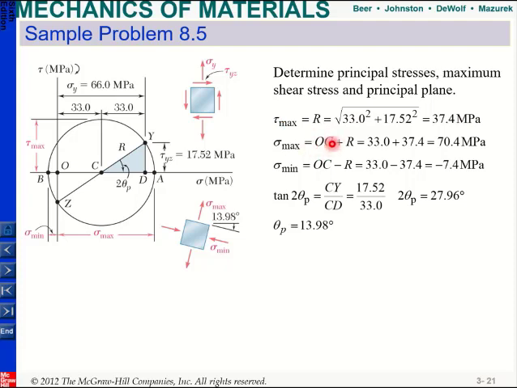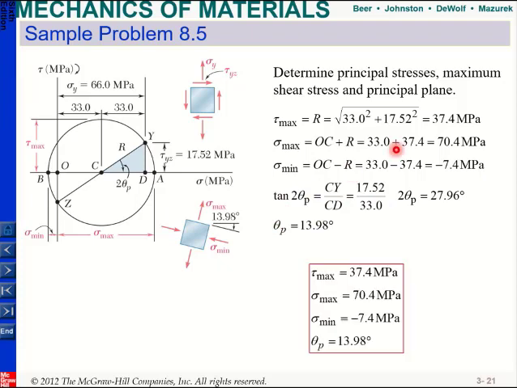For your maximum, it will be half of your sigma, because you don't have any stress in the other direction. So this is average plus R, you will get 70.4, and your sigma min is equal to your average minus R, which will be equal to minus 7.4. After that you can find your principal stresses and so on.